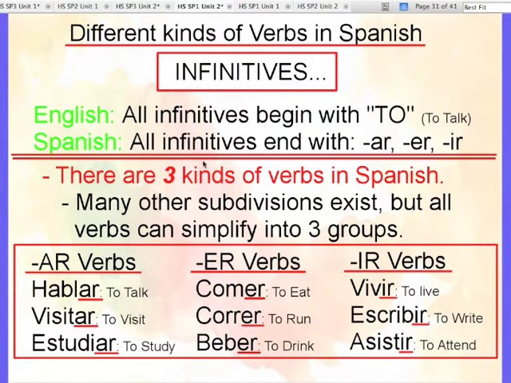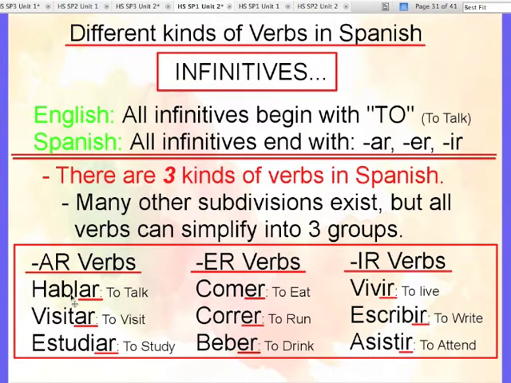Okay, and so here in this next heading, there are three kinds of verbs in Spanish: AR, ER, and IR. Many other subdivisions exist, but all verbs can simplify into AR, ER, and IR. For instance, hablar, visitar, estudiar, comer, correr, beber, vivir, escribir, asistir.